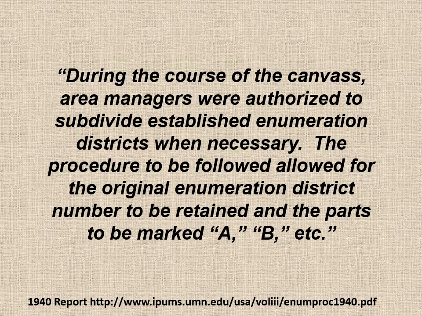The original number doesn't exist anymore. And that's the number that you see on the map. Instead, they subdivided, they used that number and put the letter A directly after the ED number, or B to designate a subdivision.